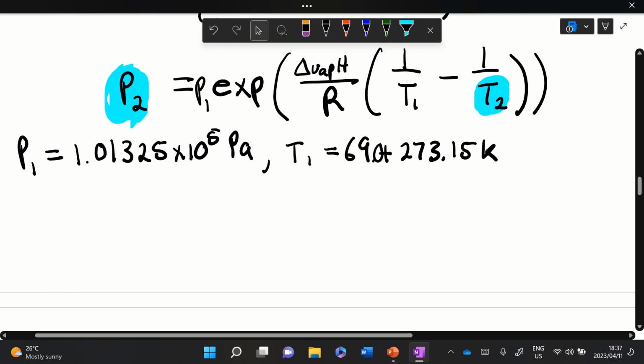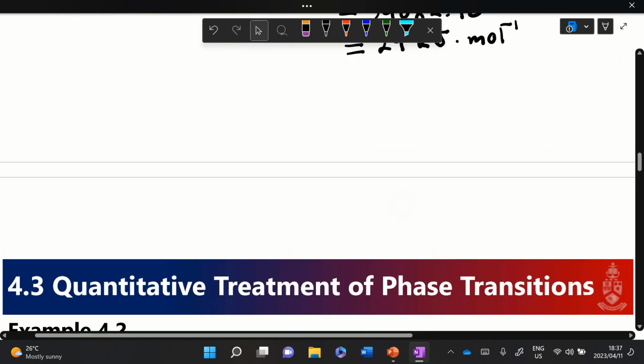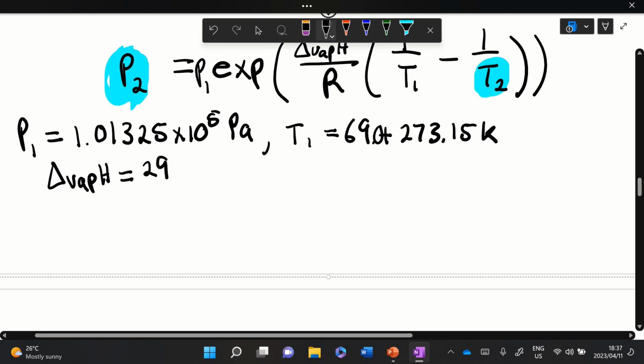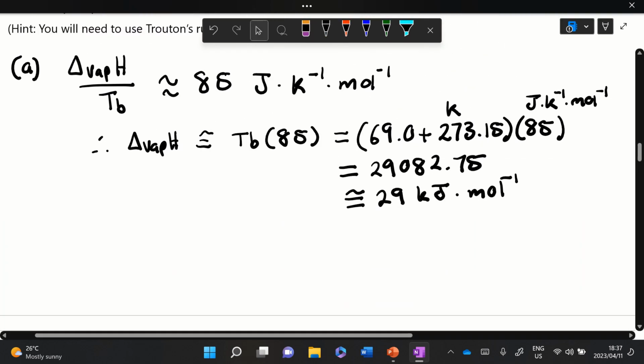Other things that we have, delta vap H is equal to 29082 joule per mole. Right, that is the, yep.